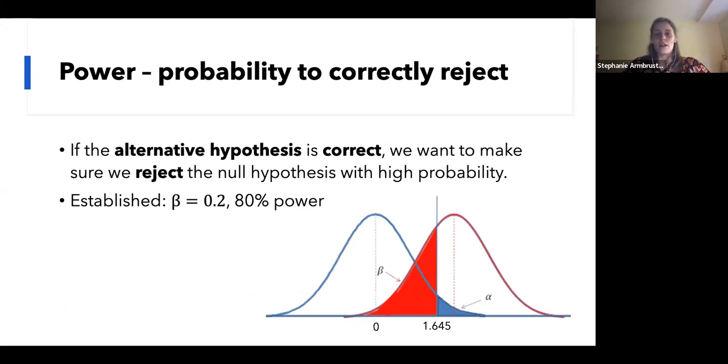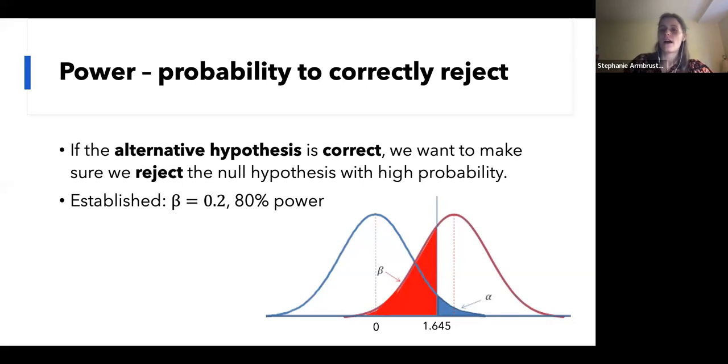Okay, now coming to power, and power is very similar to this idea of the type 1 error. We define power as follows: under the assumption that the alternative hypothesis is correct, that our statins do have an effect on blood pressure, we want to make sure that we reject the null hypothesis with a very high probability.